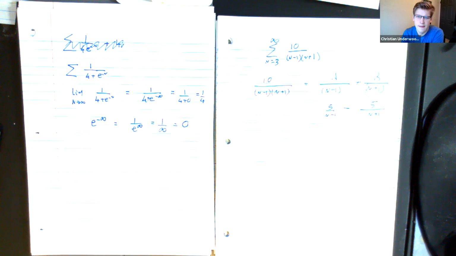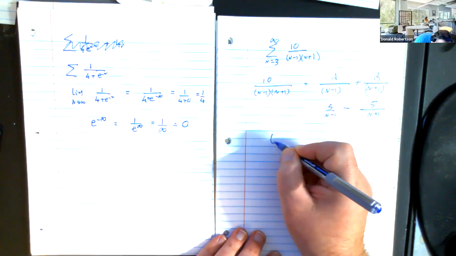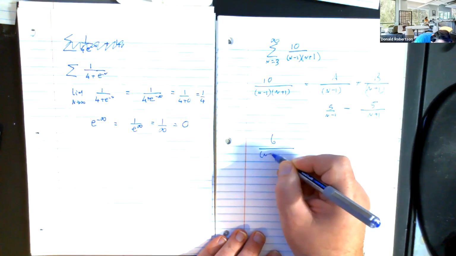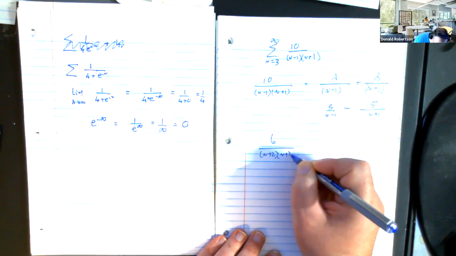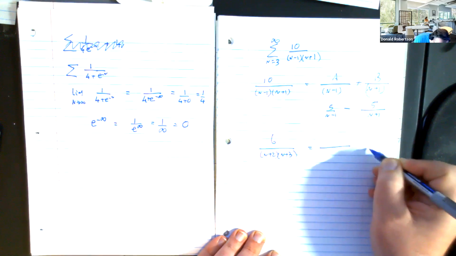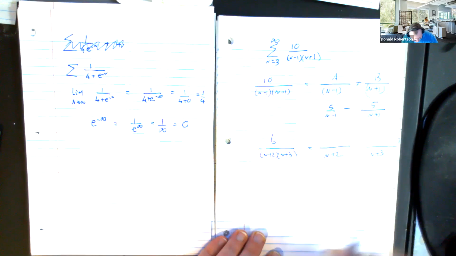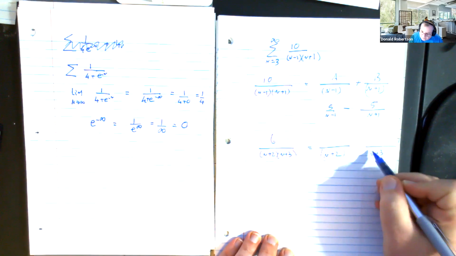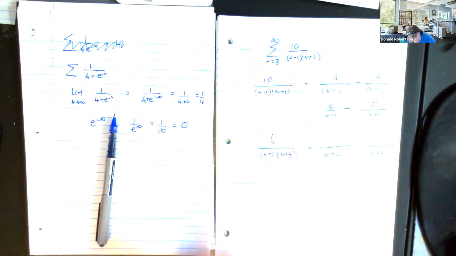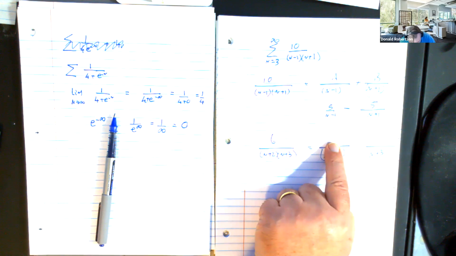Need another one? Yeah, I think I need another one. Okay. 6 over n plus 2, n plus 3. Let's get the a, the number that goes here.